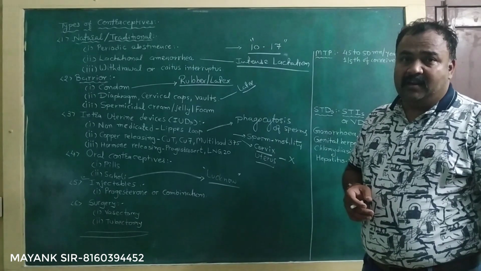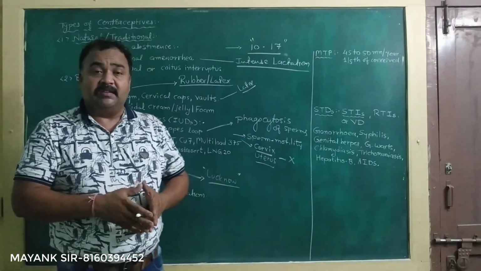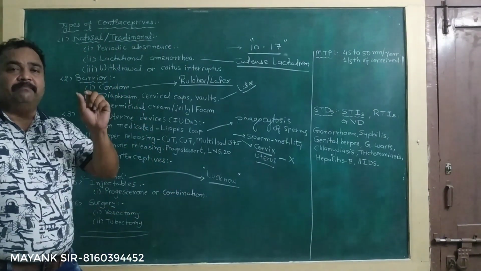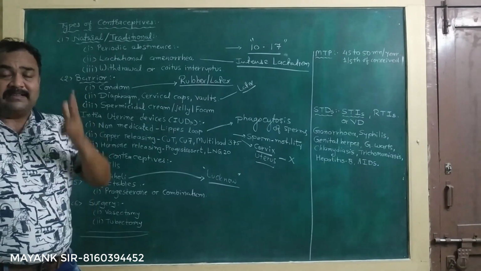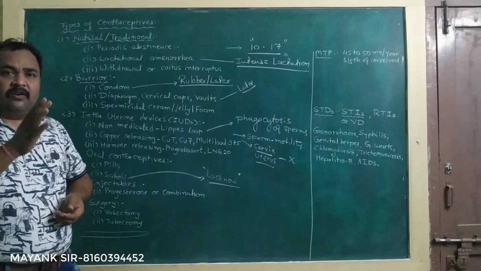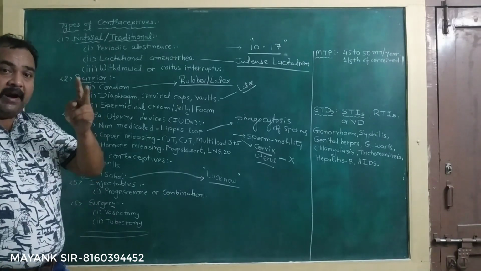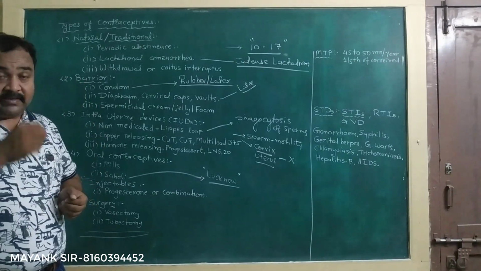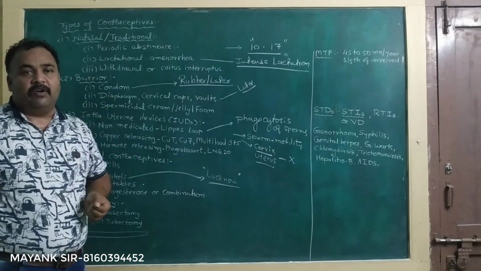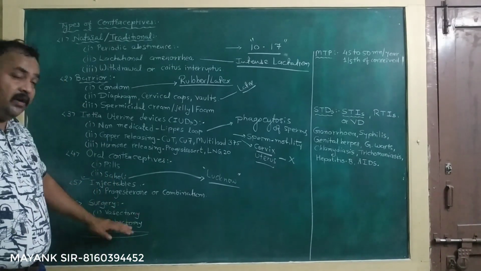Vasectomy is the surgery applied to the male and tubectomy is the surgery applied to the female. In vasectomy, some part of the vas deferens is cut or tied with the help of a small incision on the scrotum, while in tubectomy, part of the oviduct is cut or tied either through the vagina or a small incision on the abdomen.